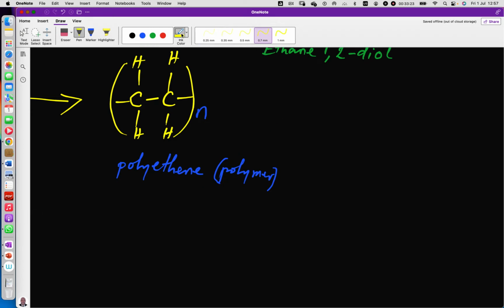Propene is written like this. This is propene.